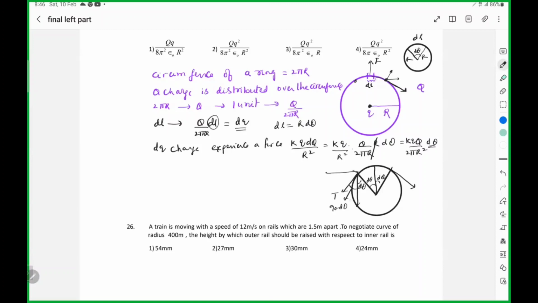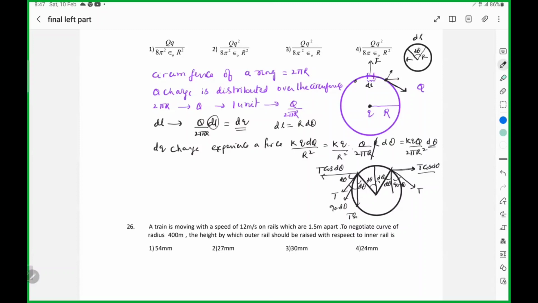One is at 90 minus d theta, it will be d theta. It is T cos d theta. Here also it is d theta, 90 minus d theta. Here is tension, T cos. So these horizontal components are in opposite directions and get cancelled out.